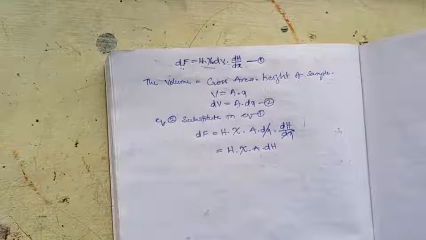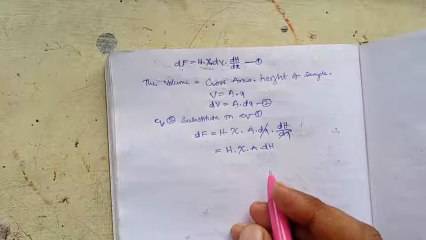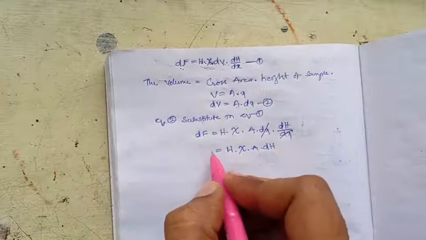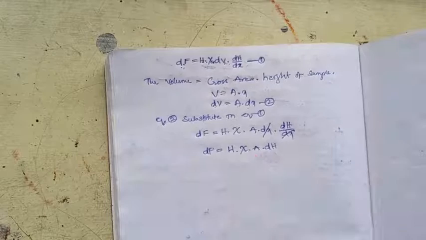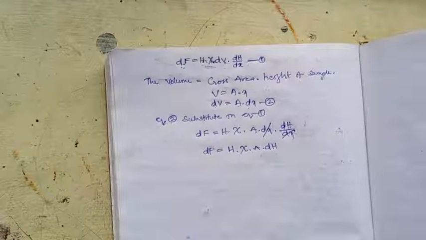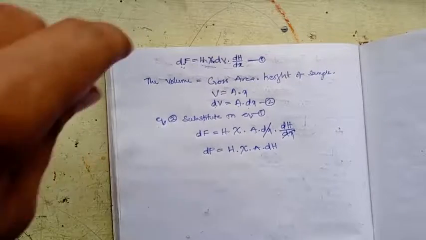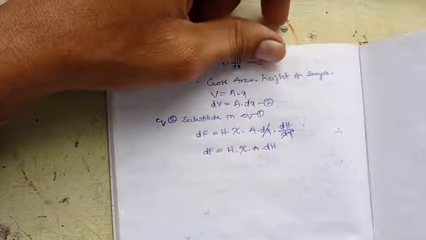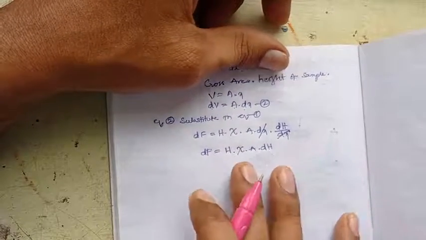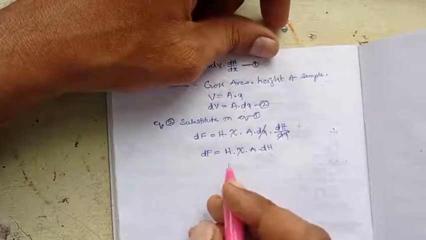Next, this is the small force on a small volume of the substance. Let us calculate the total force of the external magnetic field on the total volume of the sample, right?